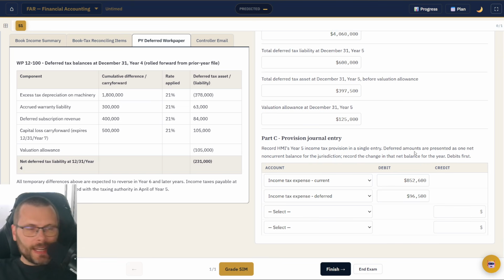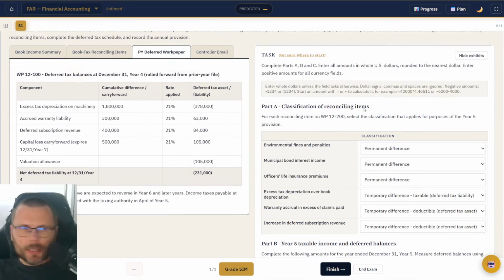Oh, and then the credit side of this entry is just the opposite of what you did. This is income tax expense current, but now you need a payable amount. So it's just going to be the exact same, 852,600. Same thing for the deferred. You need to book it, deferred tax liability net, which is the 96,500, just the increase on the account this year.